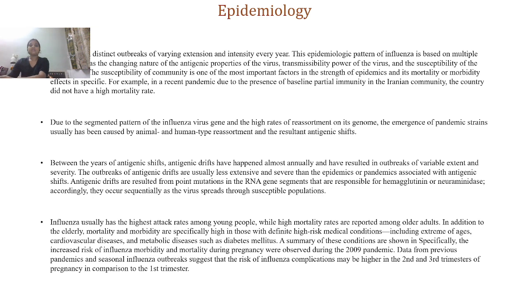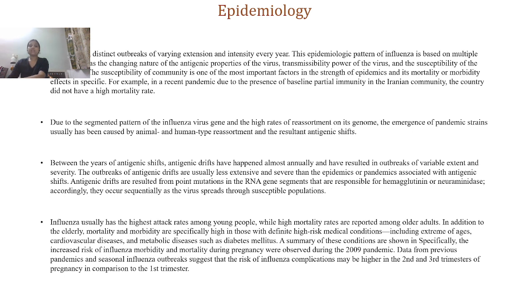However, antigenic drifts are usually less extensive and severe than epidemics or pandemics associated with antigenic shifts. Antigenic drifts result from point mutations in the RNA gene segments that are responsible for hemagglutinin or neuraminidase. Accordingly, they occur sequentially as the virus spreads through susceptible populations.